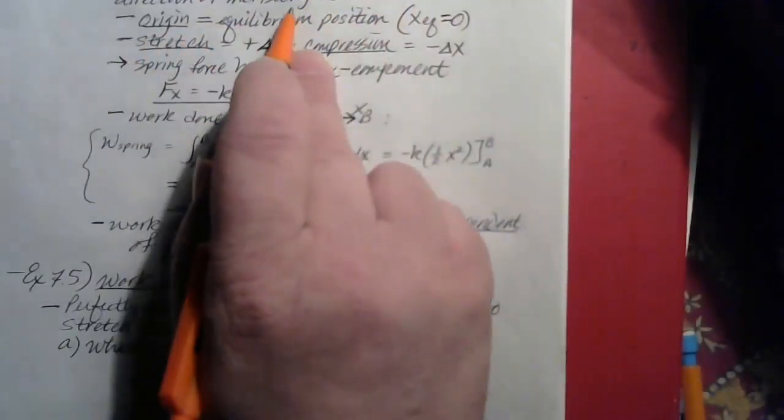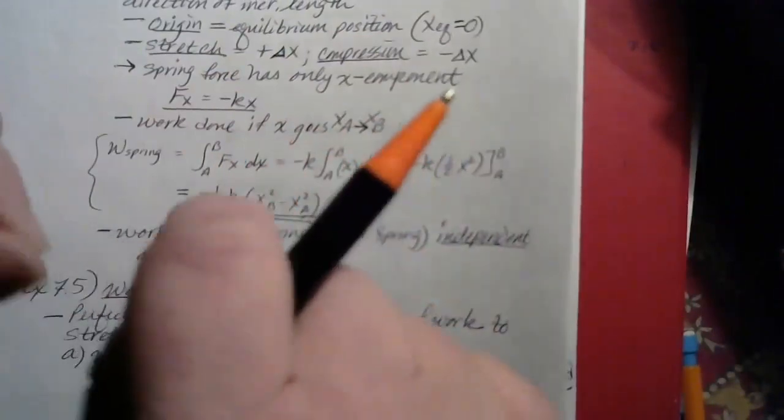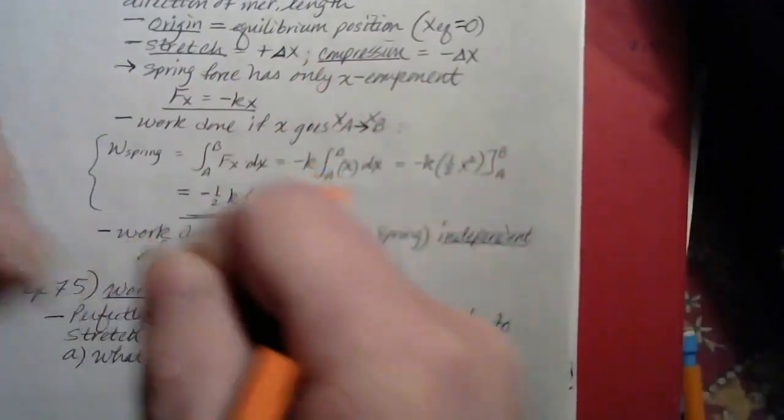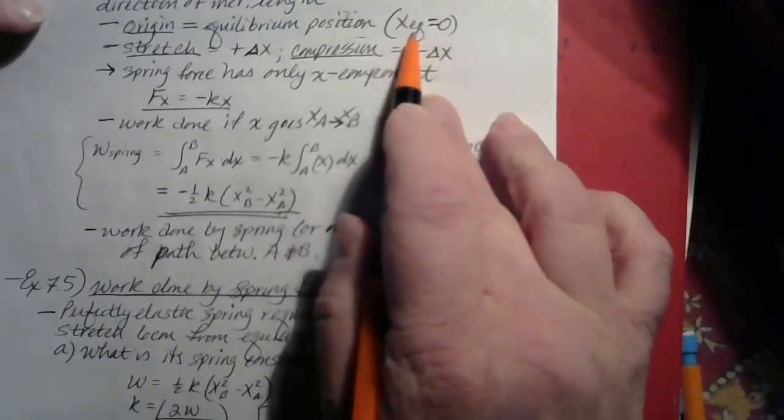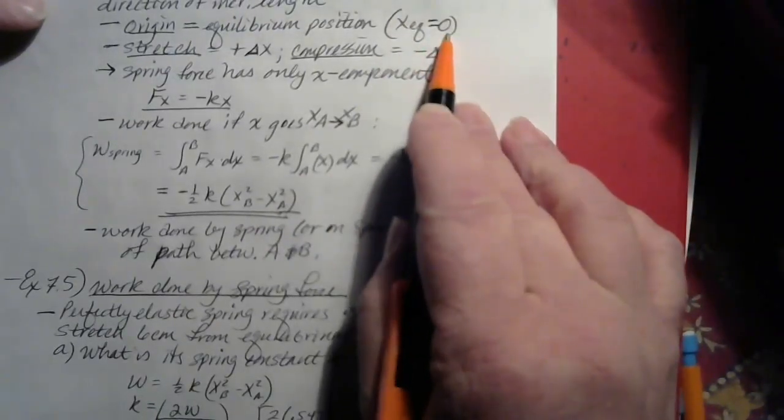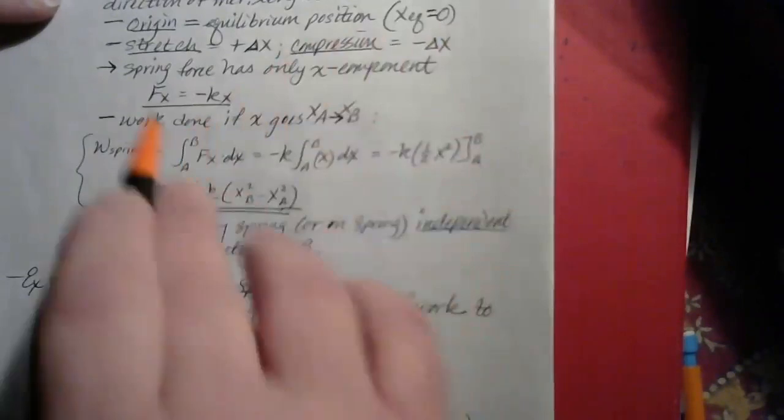But usually we consider the spring as stretching along the X direction. And that would be in the direction of either increasing or decreasing length, depending on whether the spring is being stretched or compressed. The origin, again, is the equilibrium position. The equilibrium position is normally taken as being an X value of 0, but it doesn't necessarily have to be.